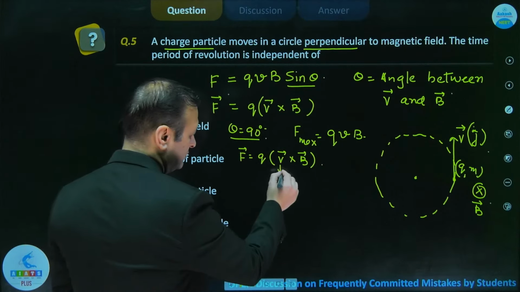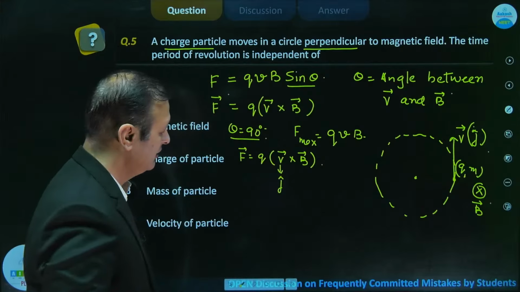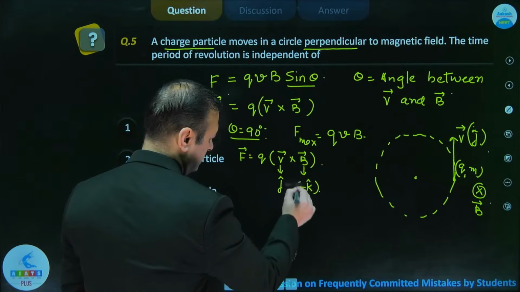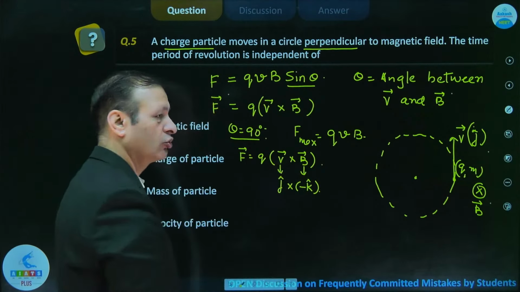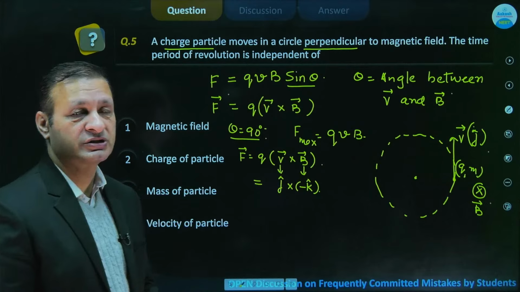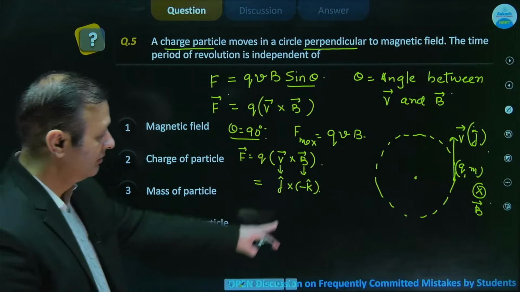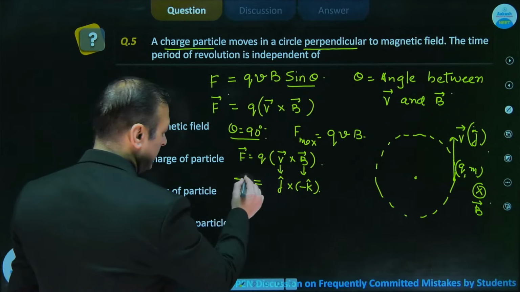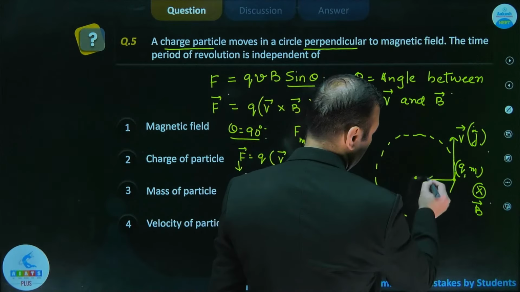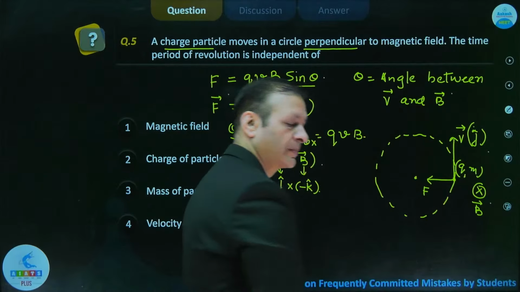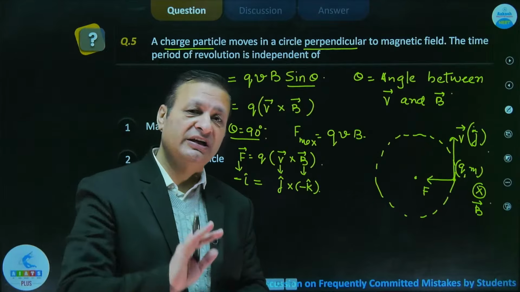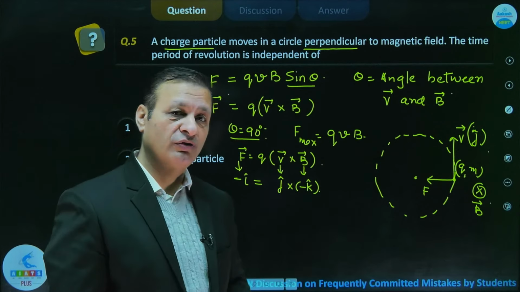So this V is along J and your B is along minus K. So when you define the cross product, J cross K is I, but with minus, so it gives you minus I. So the direction of force is minus I. So can you understand? This is the force, and it gives you the turning effect. It gives you the change in the direction of the velocity vector.